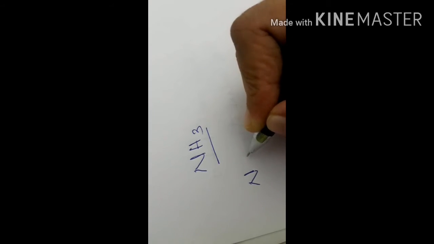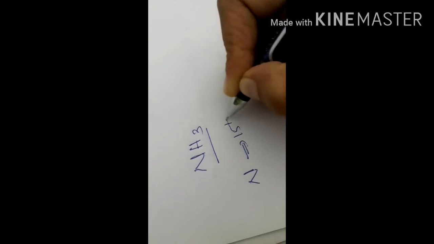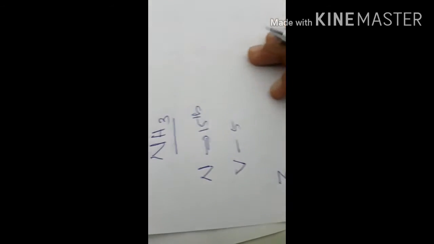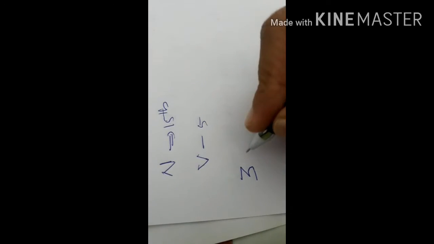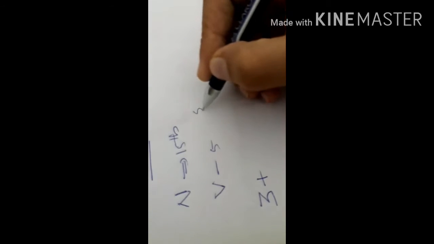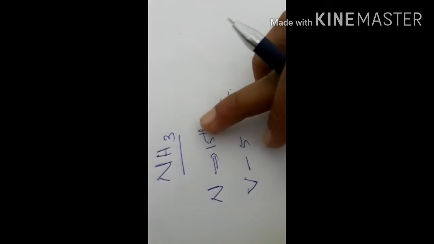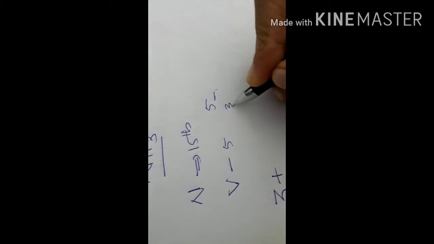Ammonia. Here the central atom is nitrogen and it is a 15th group element. Its valency is 5. Then we apply the above formula: the number of atoms attached is 3, since 3 hydrogens are attached, plus the number of lone pairs. For finding it, first we take the valency of nitrogen minus the number of atoms attached, which is 3.